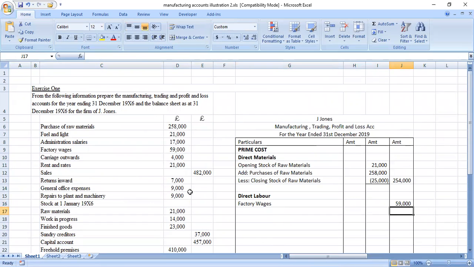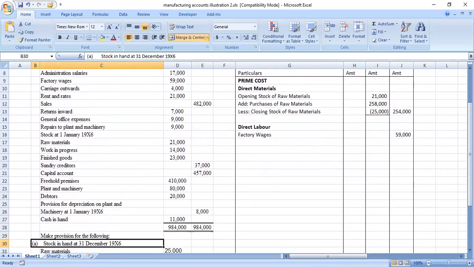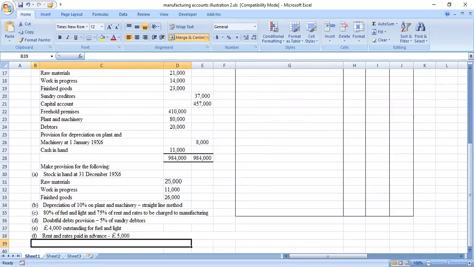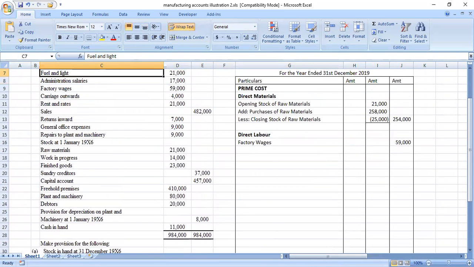And then direct expenses. Do you have direct expenses? Any direct expense? Cash in hand, machinery.